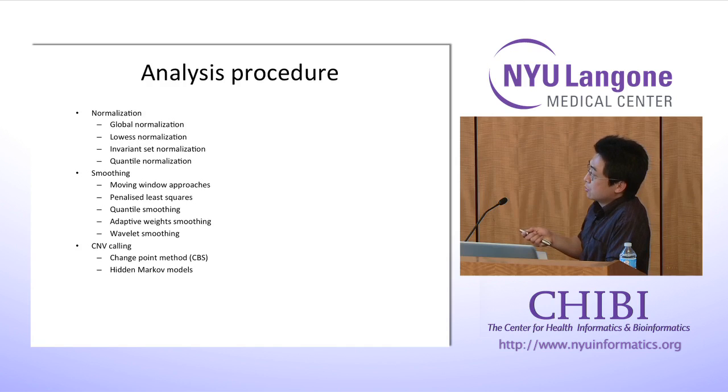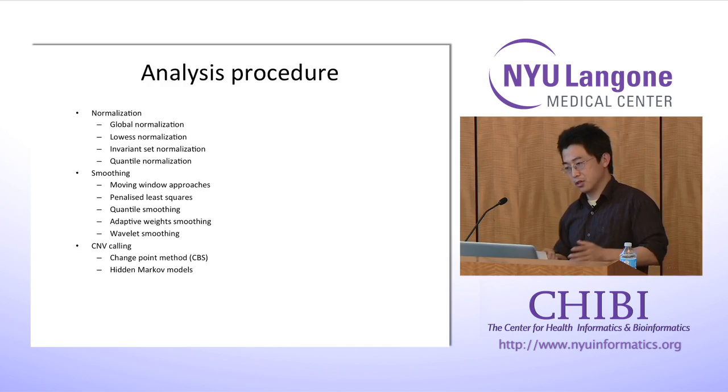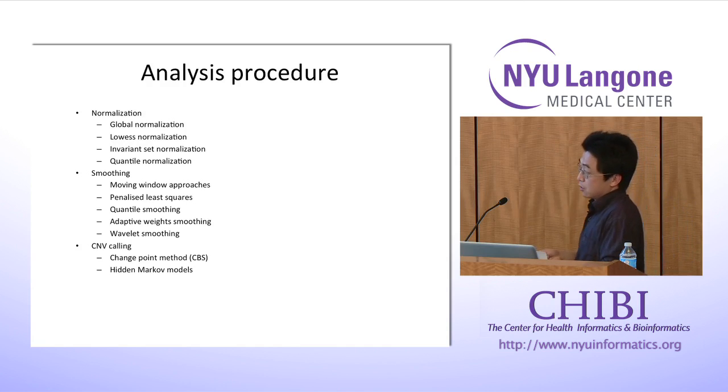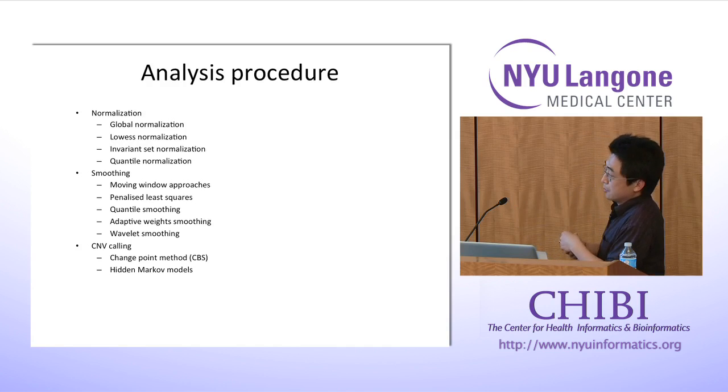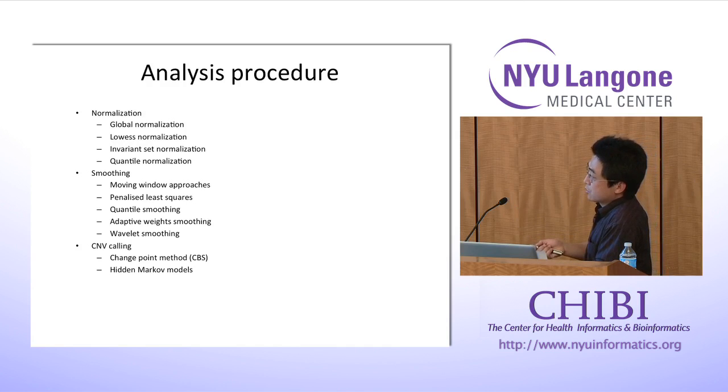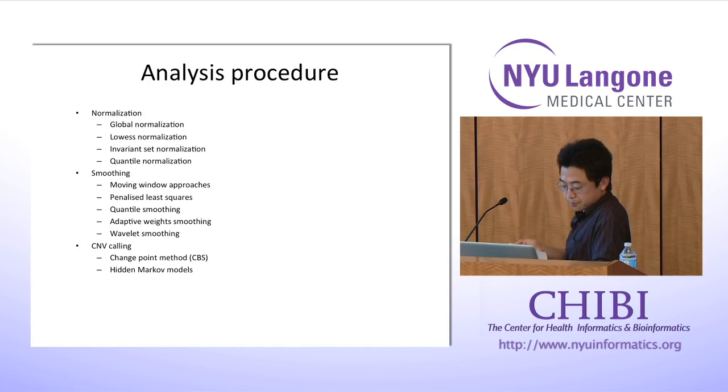After the normalization is done, you need to do smoothing, basically to reduce the small fine substructure of the data, or to reduce the sharp changes of the signals. So smoothing is a necessary step to process the normalized signal for the next calling step.